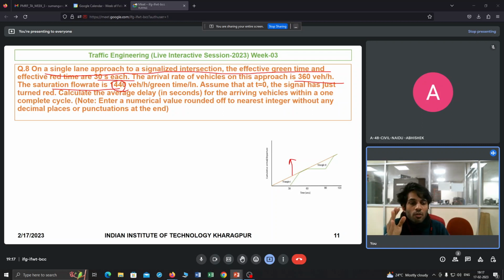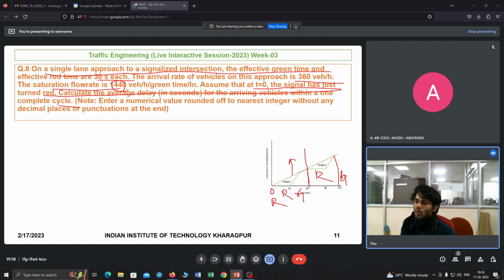So assume that t equals 0 and the signal has just turned red here. Then they calculate the average delay for the arriving vehicles within one complete cycle. Suppose this is 30 and this is one complete cycle, because this is again red. So it is red, then green, then red, then green, and so on. One complete cycle is up to this point, as it is saying.